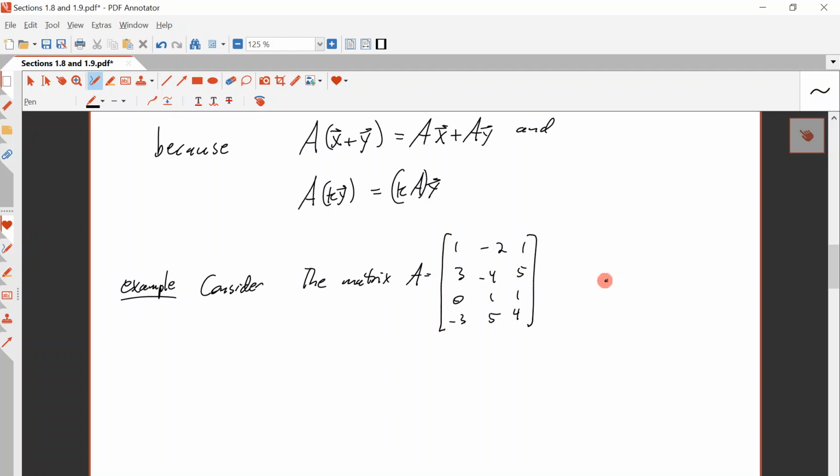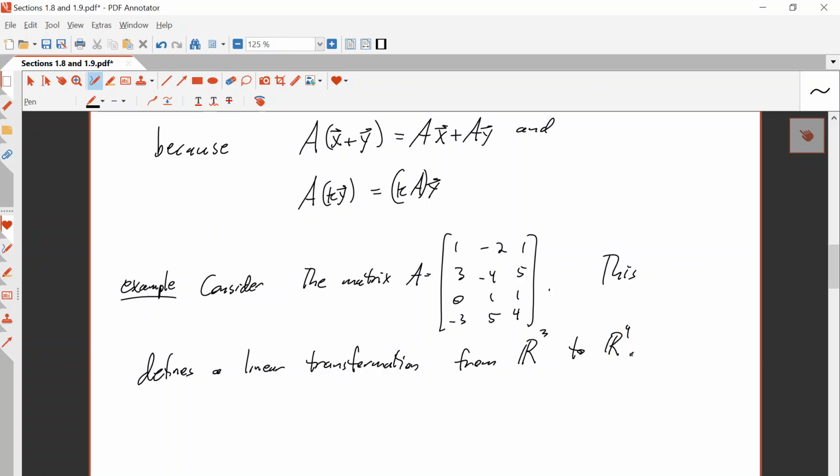So this defines a linear transformation from R to the number of columns, 3, to R^4.